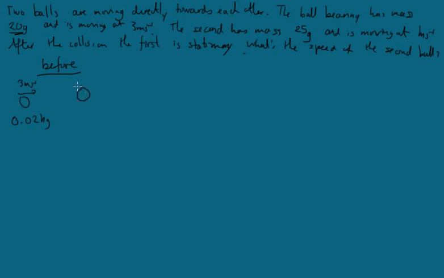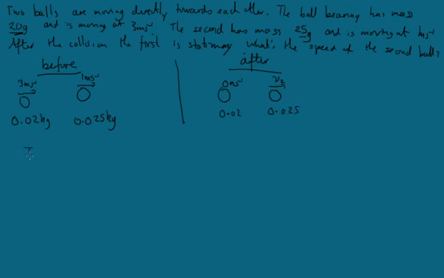And the second ball bearing is moving at 1 meter per second, and that has 25 grams, which is 0.025 kilograms. Then after, this is moving at 0 meters per second, and our second ball bearing we don't know, but the masses remain unchanged.